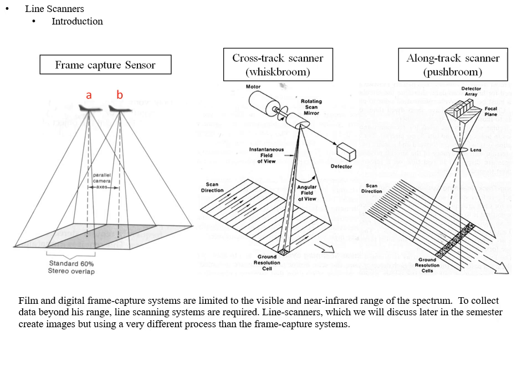So, for instance, with a cross-track scanner or a whisk broom scanner, a single pixel might be captured at one time, and then the location of that pixel on the ground is moved from one side of a swath to the other, and the brightness of those individual pixels is picked up as it moves.